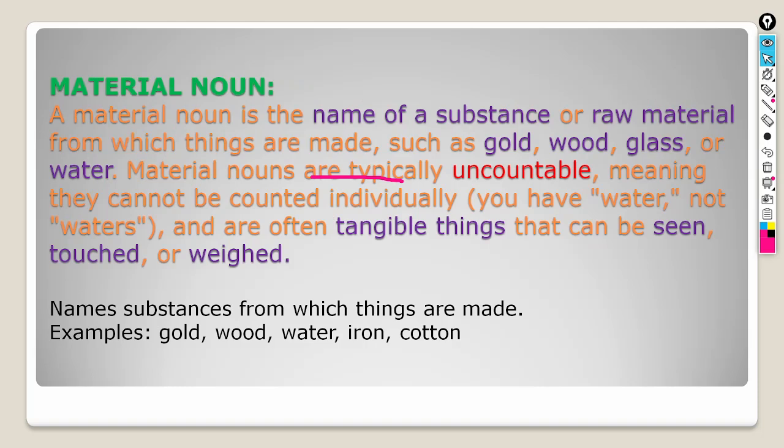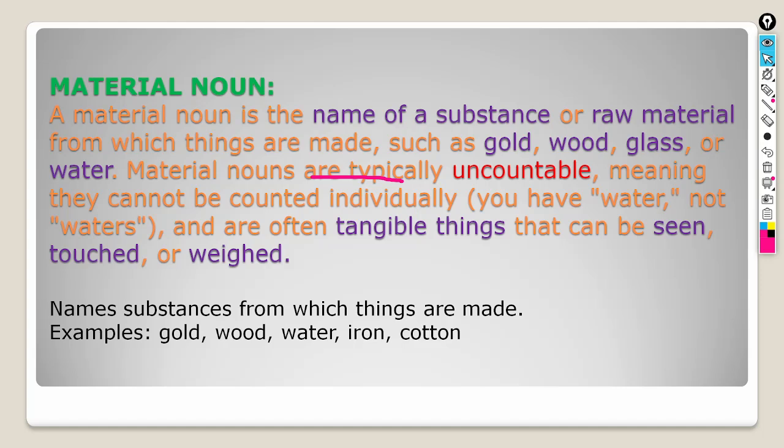Now let us come to the next kind, that is material noun. When we tell the world is immaterial, okay, the world consists of matter, but symbolically speaking, the world is immaterial. From here also we understand what material noun exactly means. Material comes from the word matter.